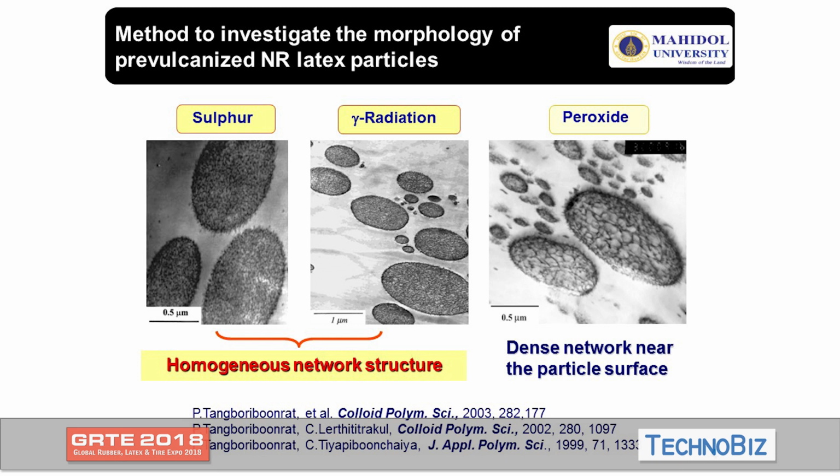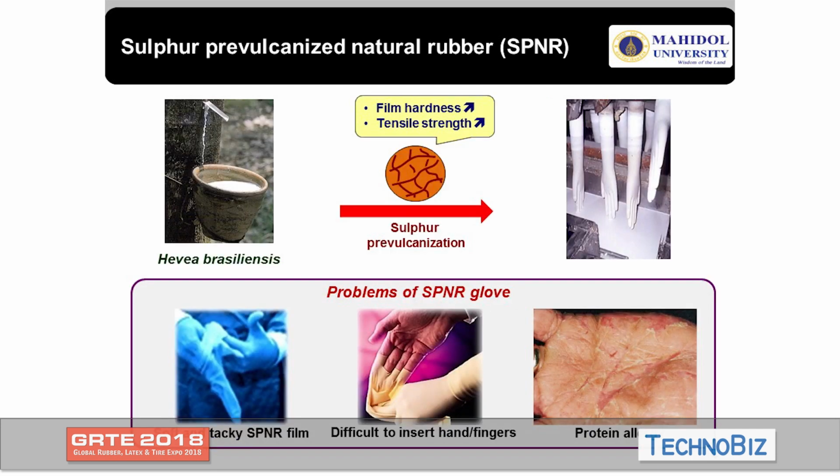However, a dense network near the particle surface was obtained using peroxide. So, in this work, we selected sulfur pre-organization because of these reasons and because it had a lower cost.